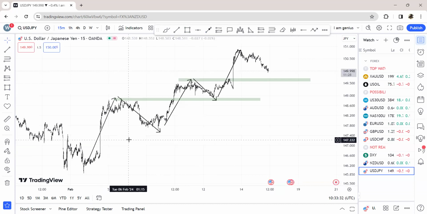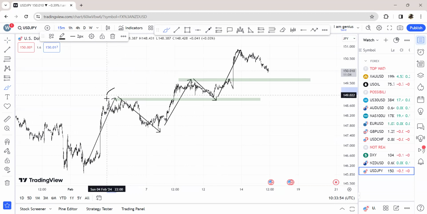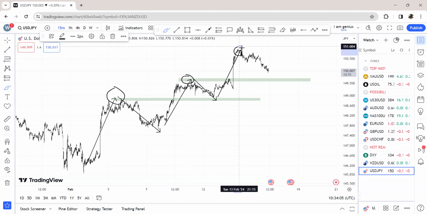The only thing you would have needed to know is that this market is in an uptrend. The characteristics of an uptrend is it will make higher highs and break them to make another higher high. You have this higher high, it will break that one to form a new one. It also breaks that one to form a new one there.